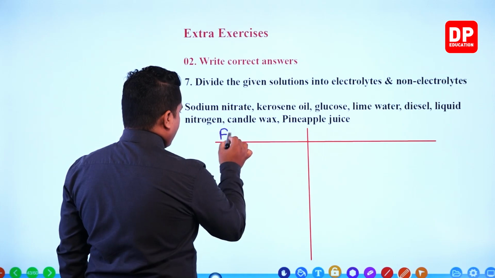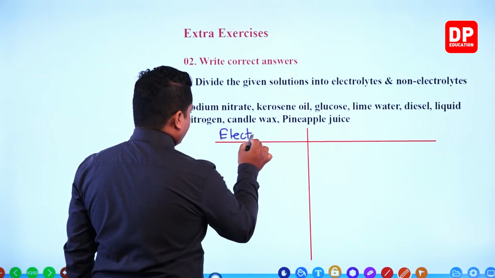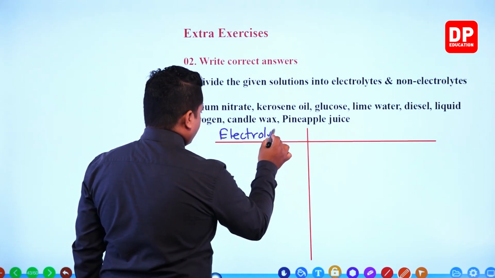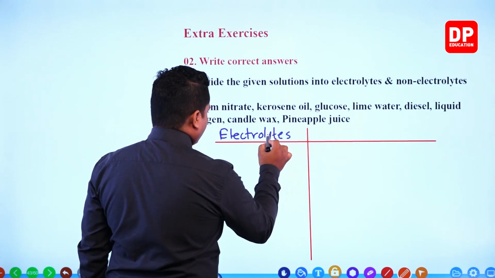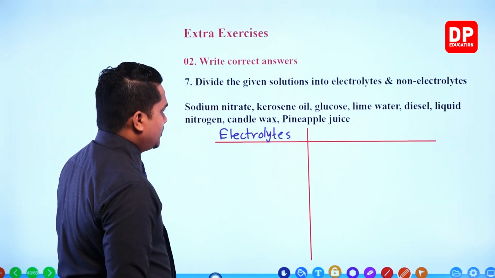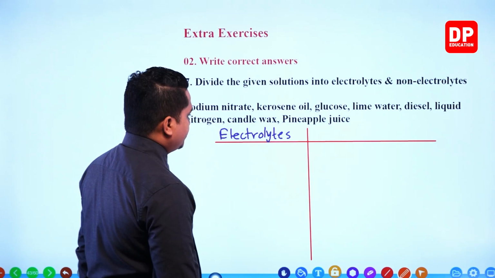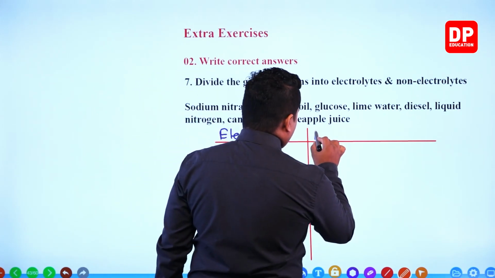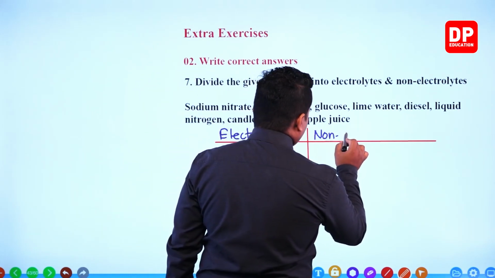So, electrolytes here, non-electrolytes here.